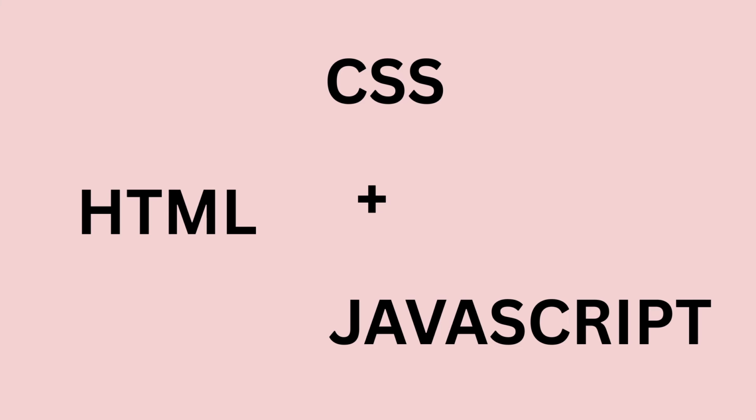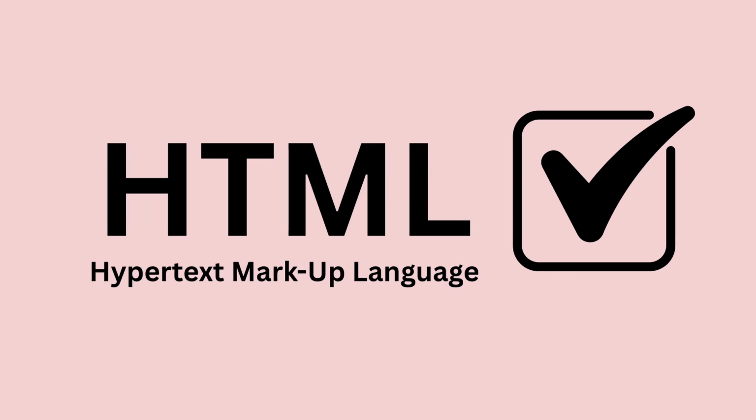So if you want to be a good web designer, you have to first study HTML, and then you study CSS, and then you study JavaScript. And in this course, we are going to start with HTML, and we are going to write our first HTML code. So congratulations in advance, because you're going to write your first HTML code today.